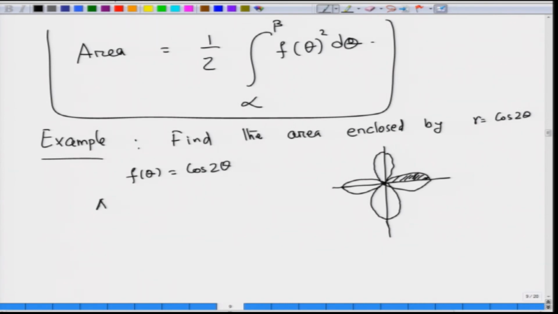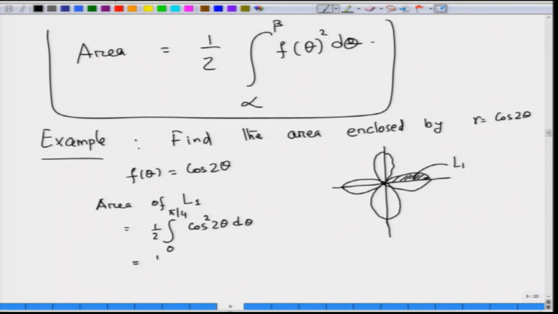So, the area of, let us call this loop L1, is equal to the integral from 0 to pi by 4 of 1/2 f of theta square, which is cos square 2 theta d theta.